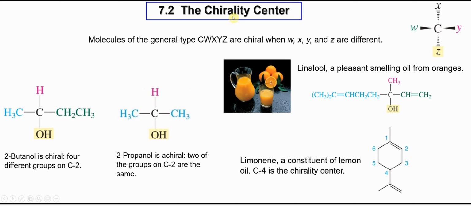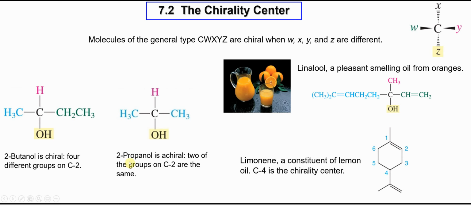Therefore, this carbon is called a chiral center, and this molecule is a chiral molecule. For example, if I have an alcohol, I have 2-butyl alcohol. This carbon is connected to a hydrogen, hydroxyl, methyl, and ethyl. Therefore, this molecule is a chiral molecule.